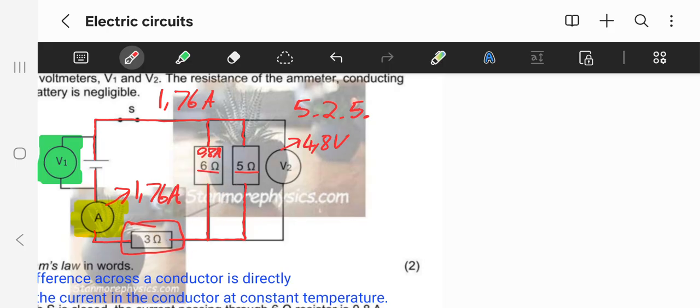So the total resistance we can find as follows. We will remember that we had found the resistance in parallel, and the total resistance in parallel was equal to 2.73 ohms.